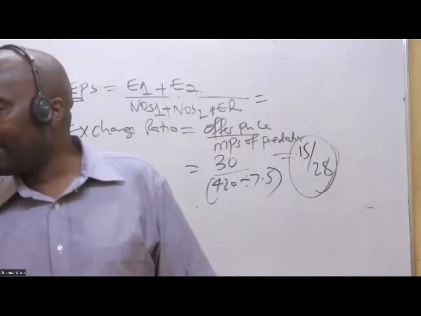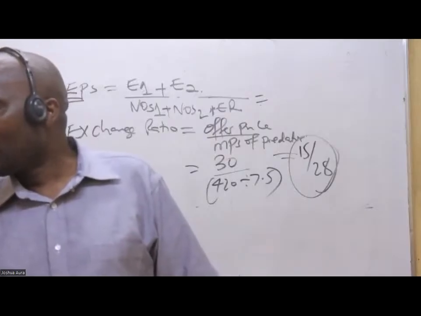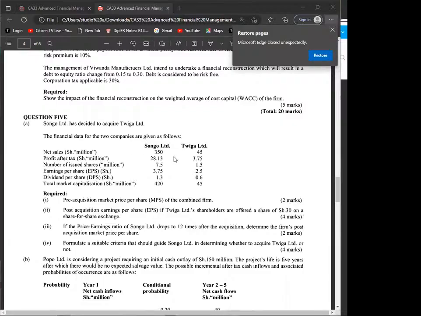Songo profit after tax, what did you say it is? 28.13, plus profit after tax of Twiga, which is 3.75, all over the number of ordinary shares of Songo, 7.5, plus the number of ordinary shares of Twiga, 1.5, times 15 over 28.